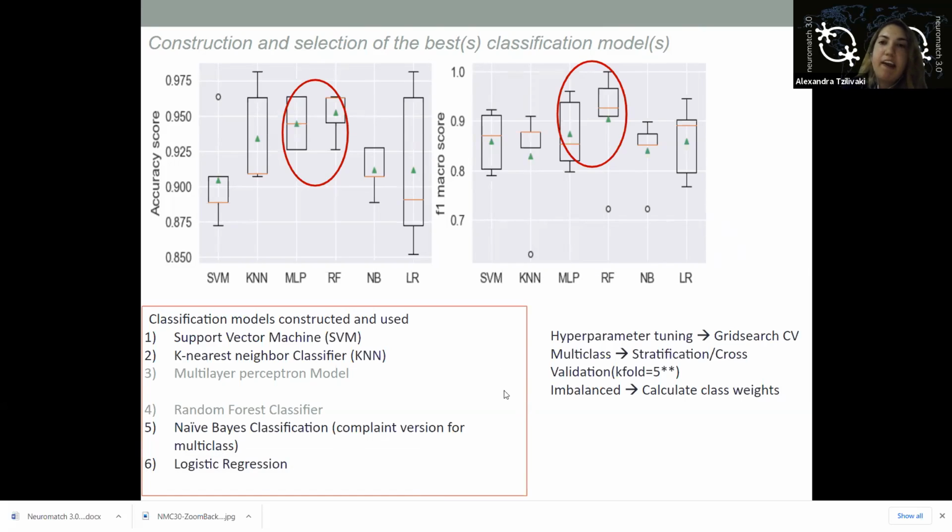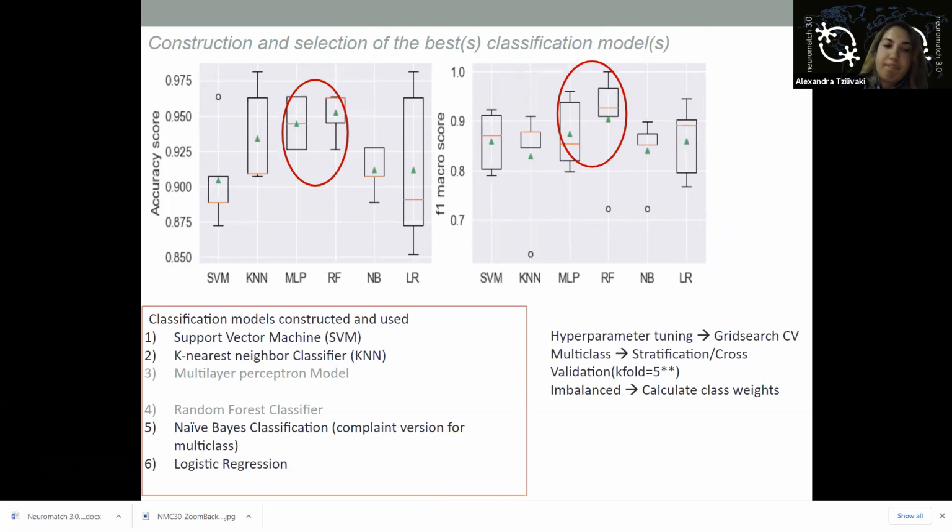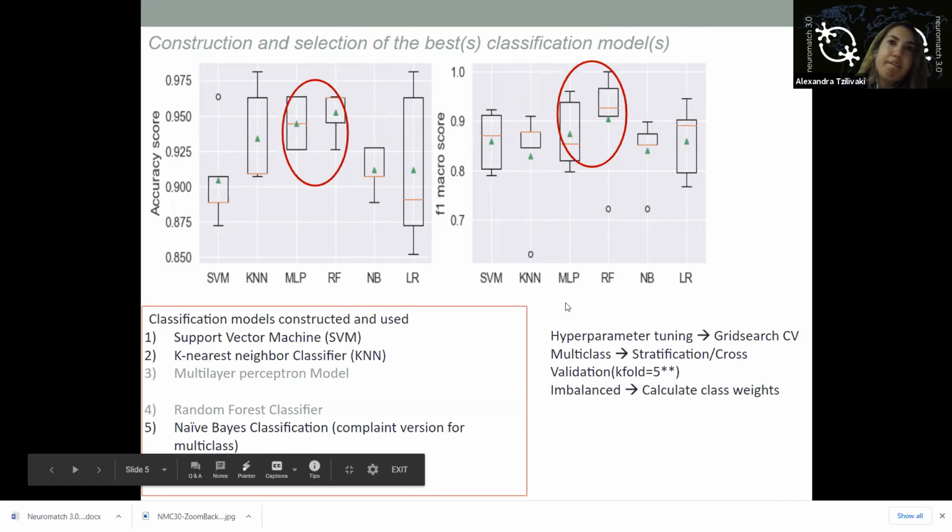And as we see here, in both cases it seems like the Random Forest Classifier and the MLP, the Multilayer Perceptron model, perform best. All the models have a good accuracy score, but we chose the two best, the RF for simplicity and the MLP.